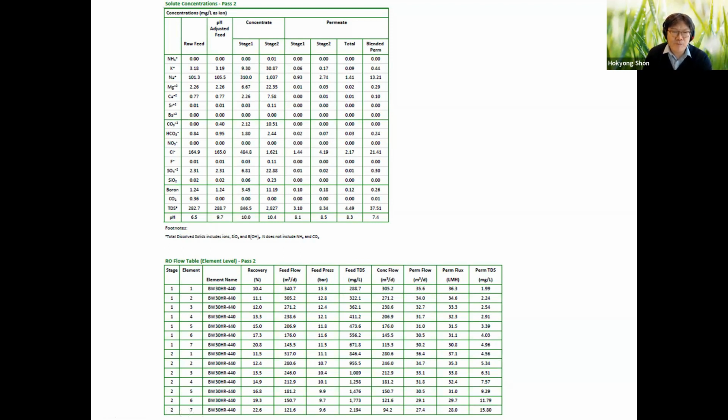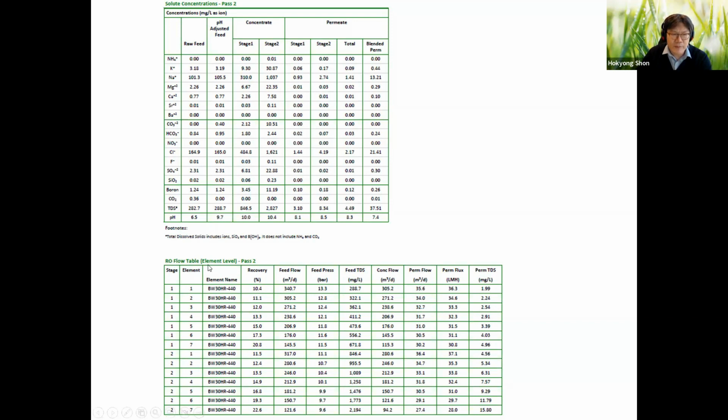So this is less than the threshold concentration of boron. Which means you can get all the energy consumption and different ion concentration changes based on your selected RO membrane and your operating condition.